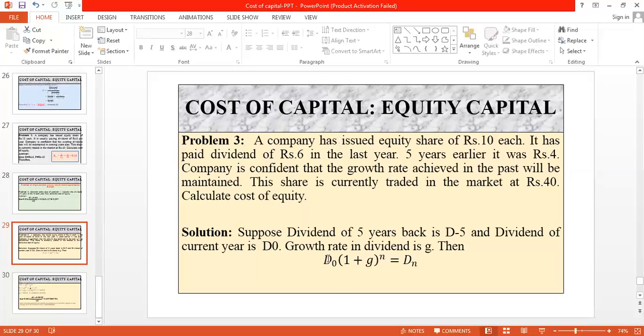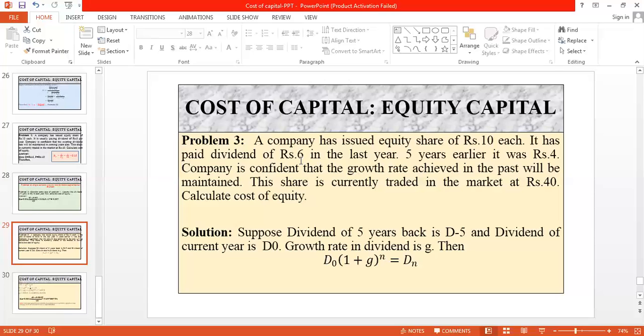If it happens, then we can apply the compounding formula to establish a relation between D0 and Dn. The formula is D0 into (1 plus g) to the power n is equal to Dn. Note that instead of the interest rate, we are using the growth rate of the dividend in the formula. D0 will be rupees 4 and Dn will be rupees 6, prevailing today.